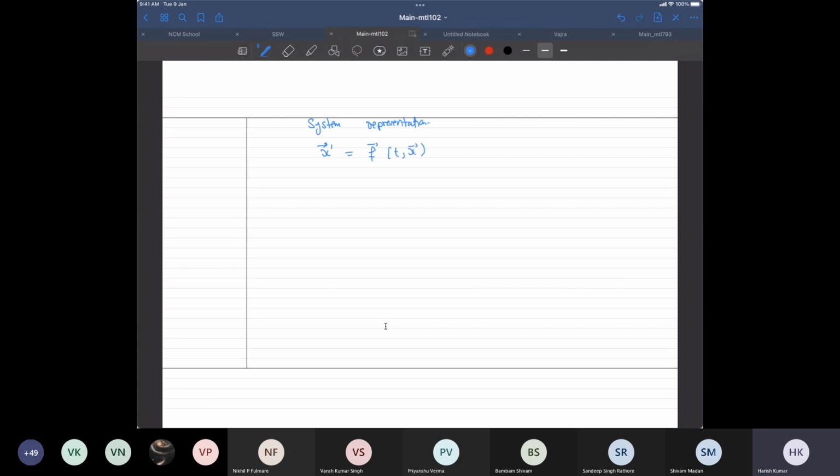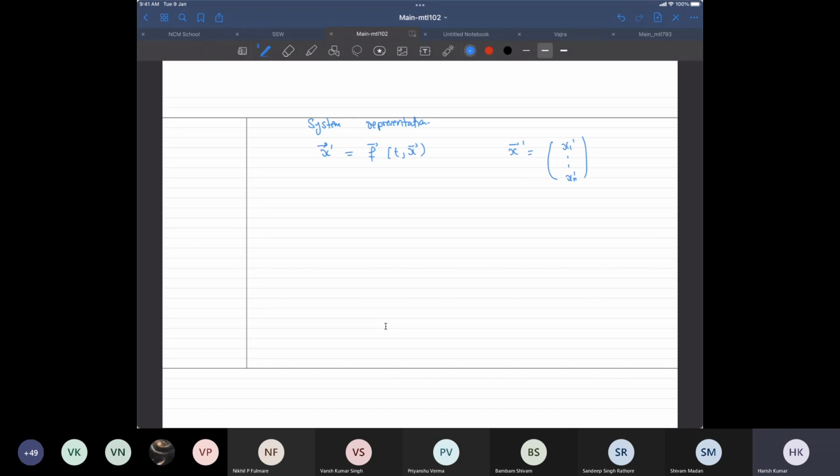So other than these arrows, nothing changed. It looks exactly like the scalar case. The only thing is that you should understand what this derivative is. This will basically be the component-wise derivative. Okay, so you have to understand it in that way.